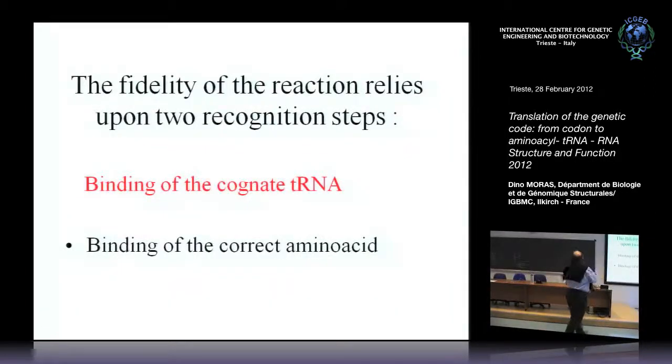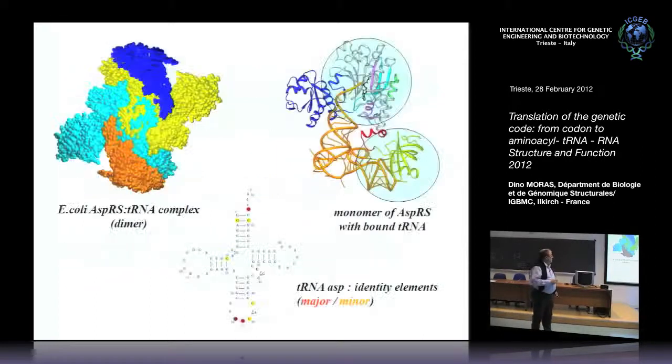So the fidelity of the reaction relies upon 2 recognition steps: the binding of the correct tRNA and the binding of the correct amino acid. There are 2 steps, and you have to fulfill both. So for the transfer RNA, we'll go very quickly. Here you have an example of a synthetase dimer with 2 transfer RNAs. And here are the active site and the anticodon recognition.